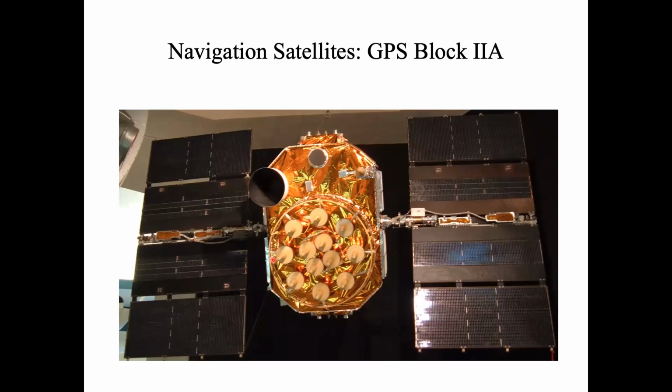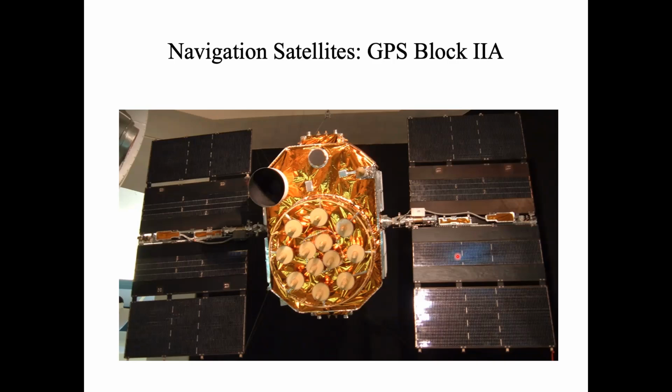You see here beyond the antennas that are used to transmit the signals, where is the S-band antenna? The S-band antenna is up here. This is a UHF antenna, and there are also retroreflectors for orbit determination, plus solar panels. Now, GPS used several types of satellites from the first block 1 satellite.